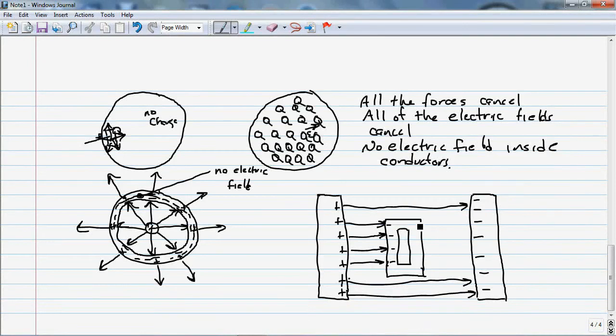And the other side of the box is going to have positive charges, which will have an electric field line. But inside this box, there is no field. And this is an example of what we call shielding.